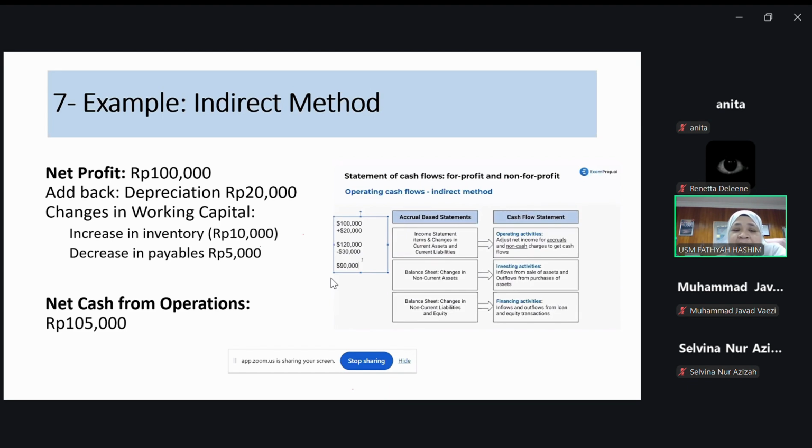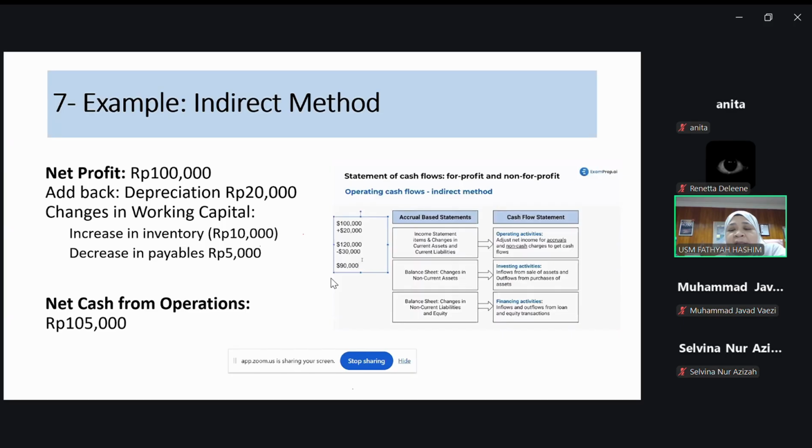So there is an increment in your inventory of 10,000, dollars or rupiah.